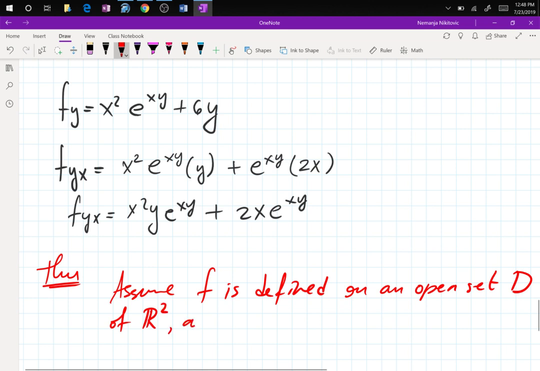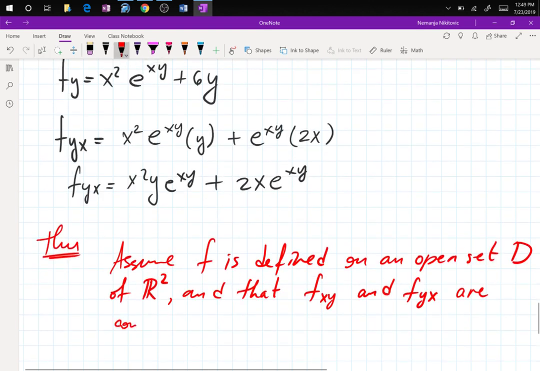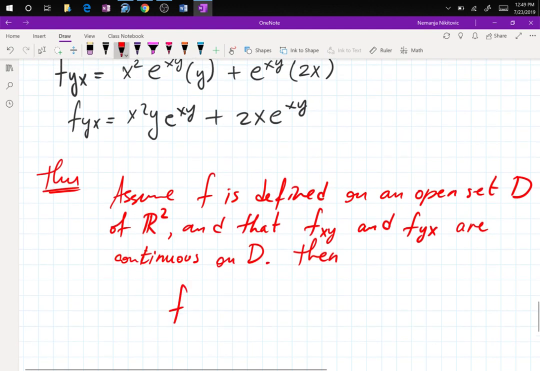And that fxy and fyx are continuous on D, then, and the major part here is to say, fxy is the same as fyx.